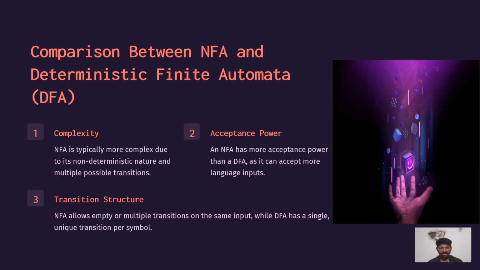Second, acceptance power. An NFA has more acceptance power than a DFA, as it can accept more language inputs. Transition structure. NFA allows empty or multiple transitions on the same input, while DFA has a single unique transition per symbol.